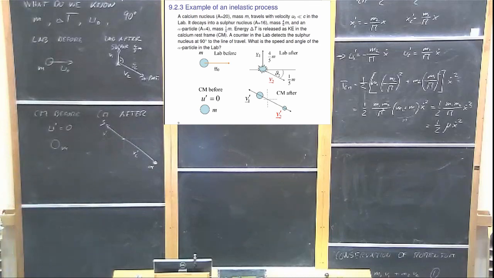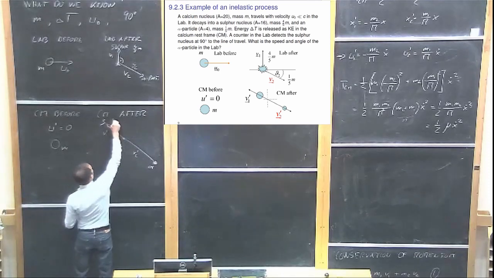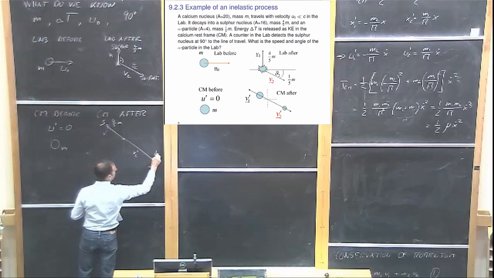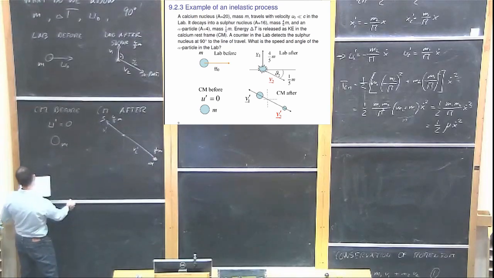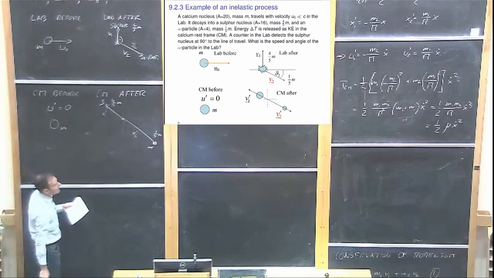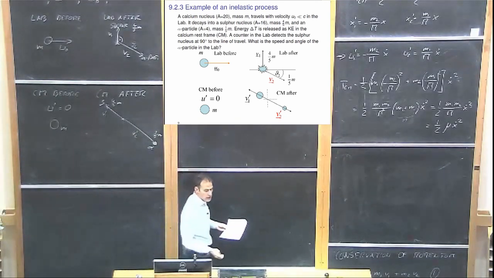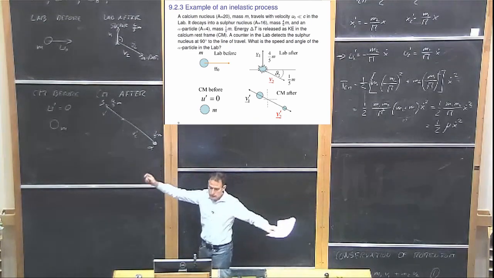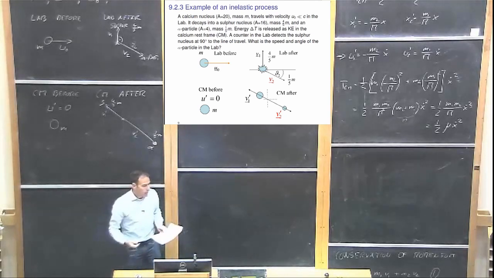Again, overall momentum is naught, but they're now whizzing off in different directions. That's 4/5 m, and that was 1/5 m. So this inelastic decay can be caused by the internal potential energy given in the nucleus. It is unstable, and suddenly the internal energy is given out as kinetic energy.